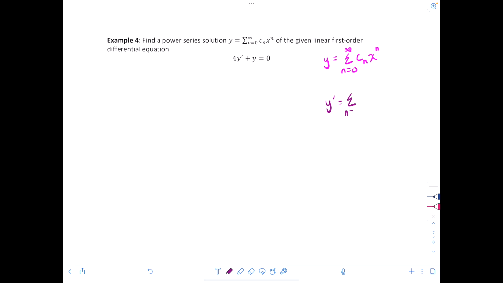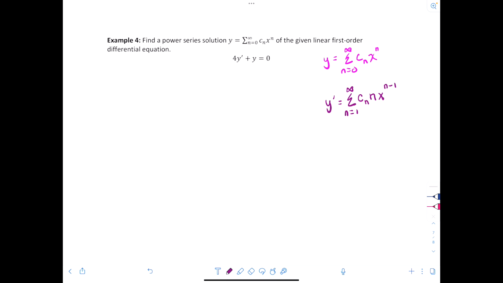Remember, it's going to start at 1 because the first term will zero out, as n goes from 1 to infinity of c sub n times x to the n minus 1. Cool so far? So, remember, we want to combine these summations, so why don't we get the work done here so that they both have the same starting point and they have the same power on x.